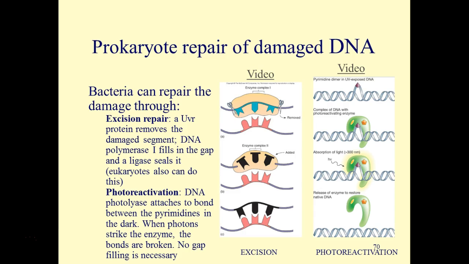Now, bacteria, as I mentioned before, are quite efficient at repairing damaged DNA. We do use ultraviolet light in order to kill bacteria in water specimens or water treatment plants. So ultraviolet light can be used for that. Ultraviolet light is used in operating rooms.